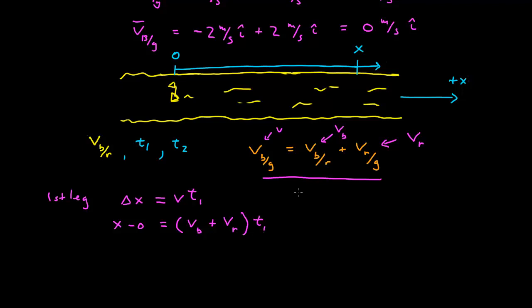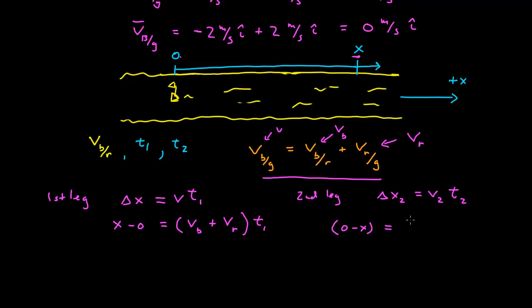Okay, so now for the second leg, it undergoes a displacement, delta x 2, which is equal to some velocity v2 times t2. So the displacement going backwards is the final position minus the initial, so that's 0 minus x. In this case, it started here and ended there.